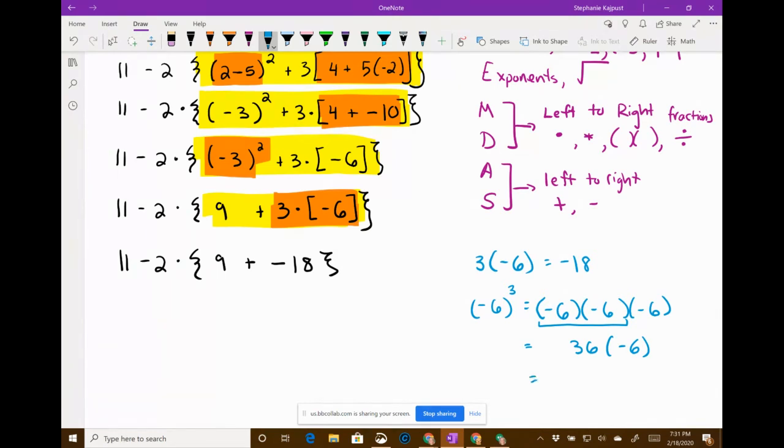Then you would have to do 36 times -6, which, oh goodness, trying to do this in my head. I think it's -216. Let me get my calculator out for that. Yeah, you get a -216. So 3 times -6 is different from -6 cubed because they mean different things. Does that help answer your question, John?